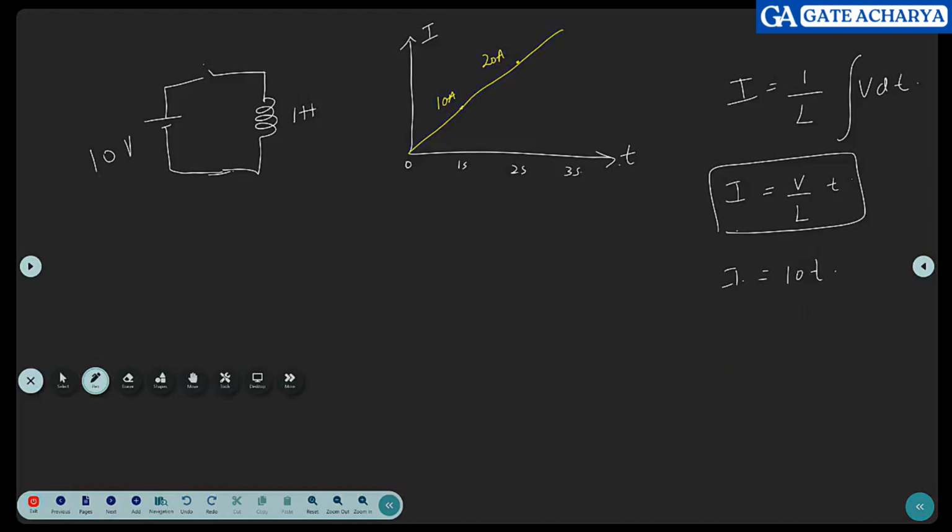So what is happening in an inductor? As you turn on the switch, how do you explain an inductor? Again, some bit of Lenz's law is required. I don't want to make it an EMT class. But whenever there is a change, it resists, which is Lenz's law. Lenz's law states, whenever there is a change, the system resists. Just remember that.